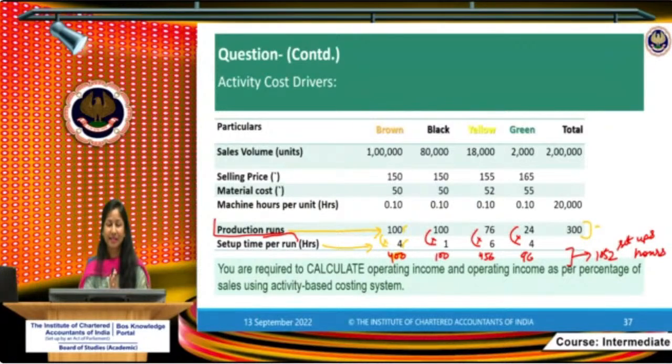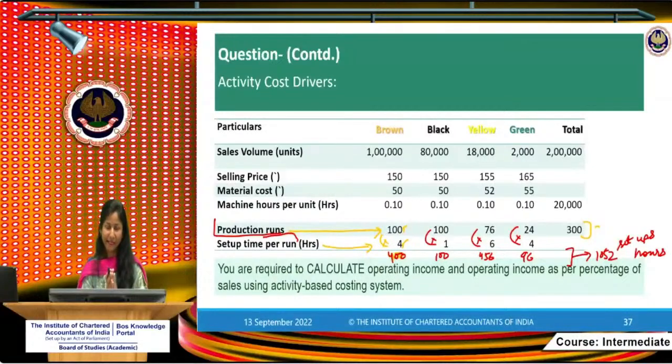So how many times does it take place? Every production run, it takes place. This is actually how many times the production runs. But in every production run, it takes some hours for physical changeover. In the case of brown color, it is producing 100 times, but every time it takes 4 hours for cleaning, changing the dye, changing the color, everything.